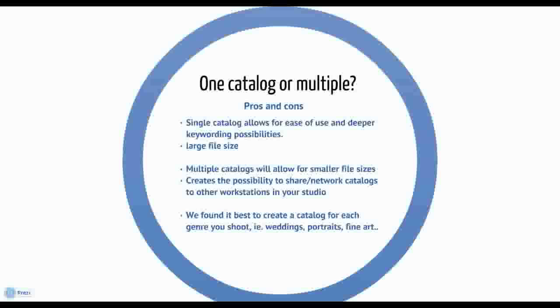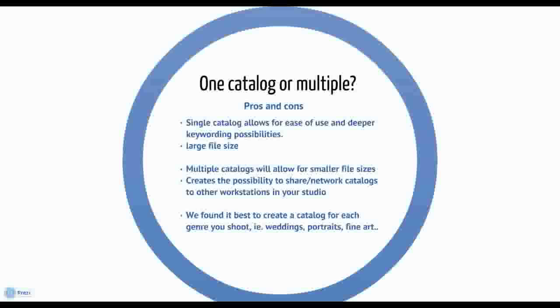Once we start talking about keywording and metadata and things like that, you'll really understand why it's good to have at least certain genres. And what we found is best is weddings in one catalog, portraits in one catalog, and we've got it broken down to a couple of catalogs. The reason for that is it still gives us the opportunity to use that deeper keywording possibilities while keeping the file size relatively small of that catalog.